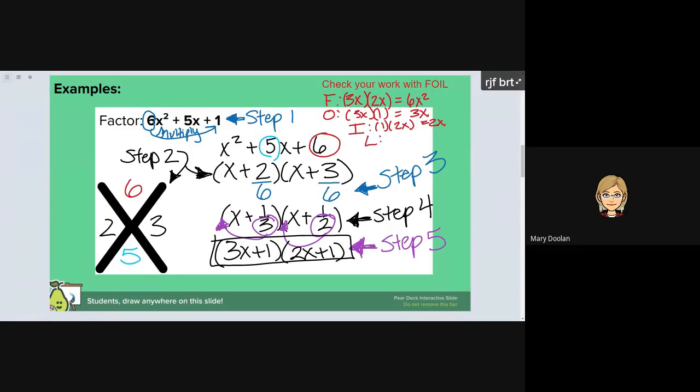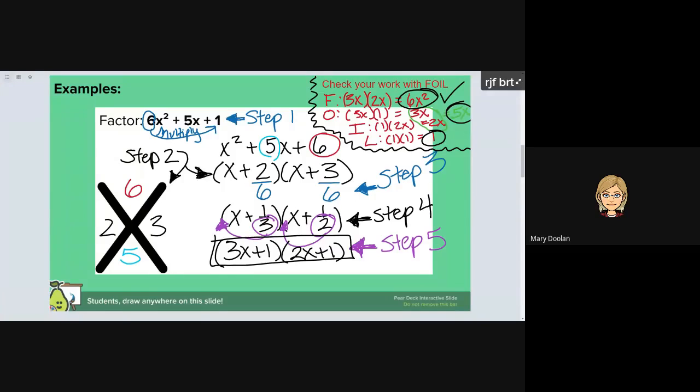And L is the last terms. 1 times 1 is 1. So the middle terms are actually equal to 5x. But the polynomial that results is 6x squared plus 5x plus 1. And it checks out because that's what we started with. I was just checking our work on here.